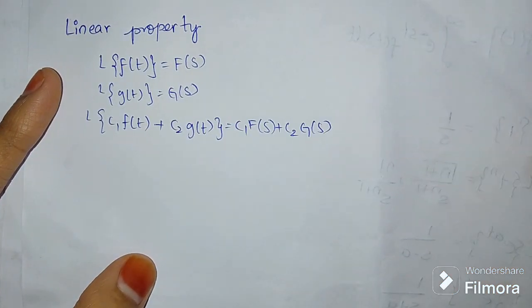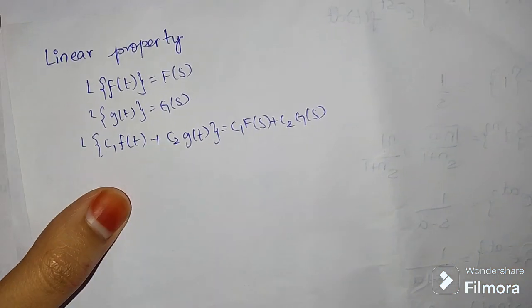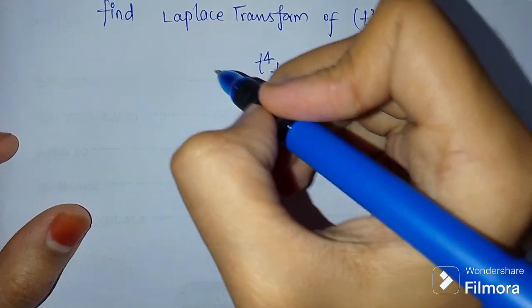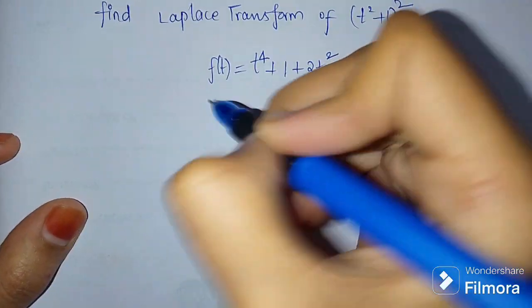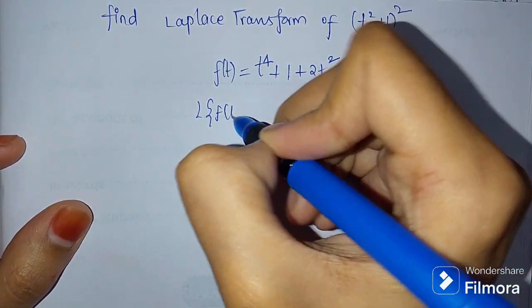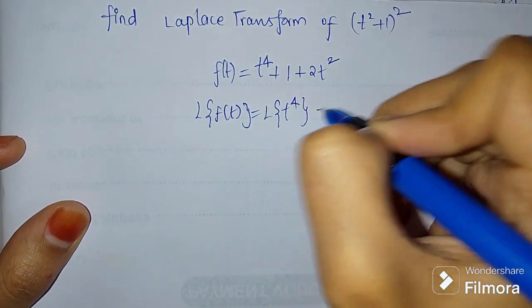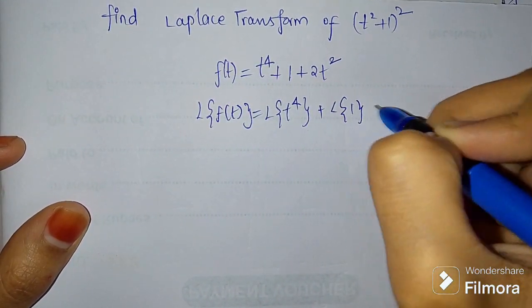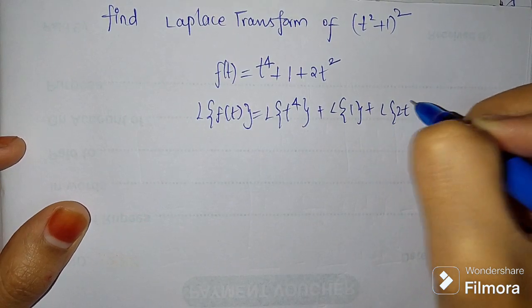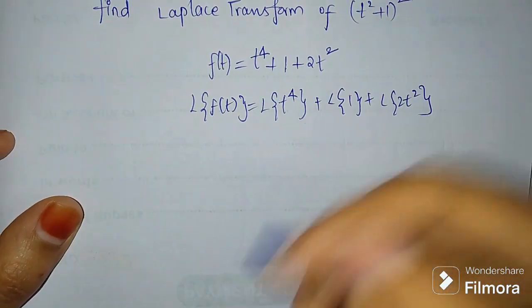I'll show you. Here, what is my f of t? This one, right? So what is my Laplace? Laplace of t power 4 plus Laplace of 1 plus Laplace of 2t square. This is only the linear property. No need to even study it, right?